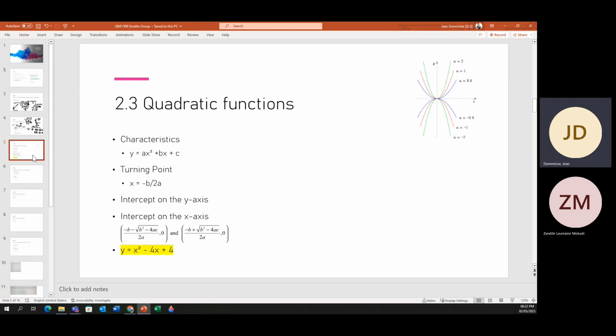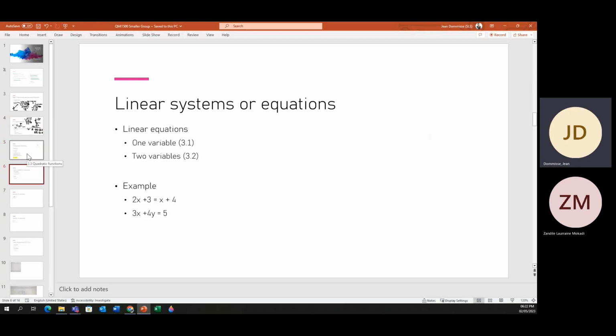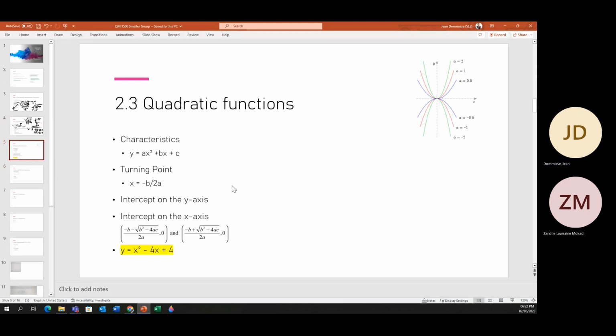So let's see, there's one more before we start the recording for the inequalities, the quadratic function. So this is still on topic 2. But on the quadratic functions, the big difference here is that now suddenly we have something to the power of 2.